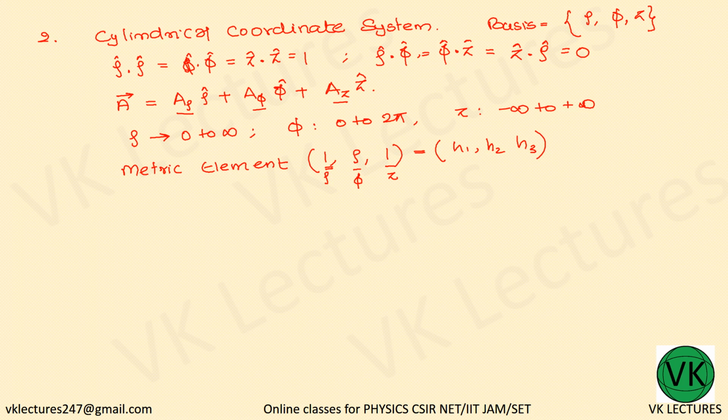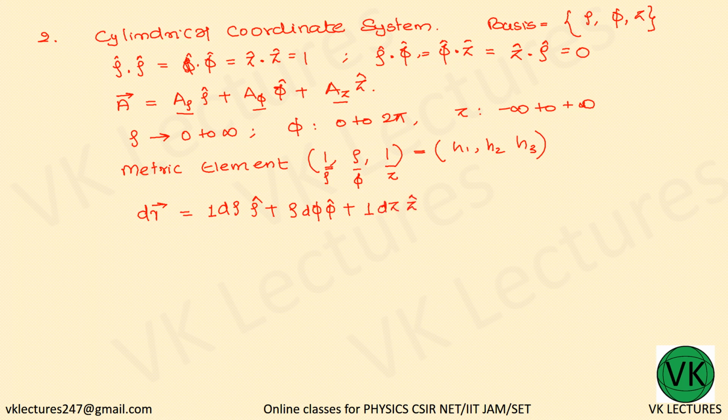That means any length element dr is written as d rho into rho cap, that is the metric element 1. Now you have the metric element rho d phi cap, plus 1 into dz z cap.